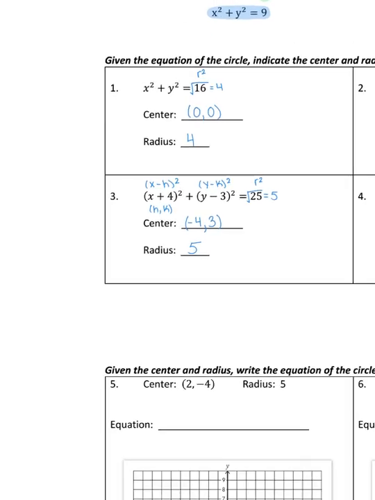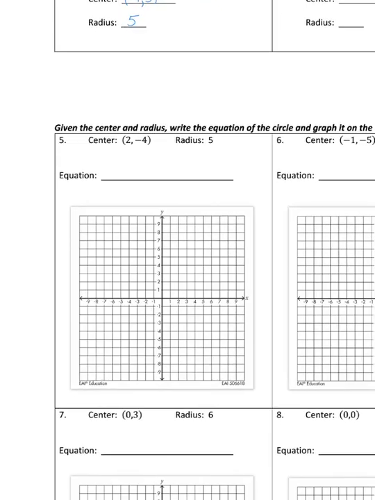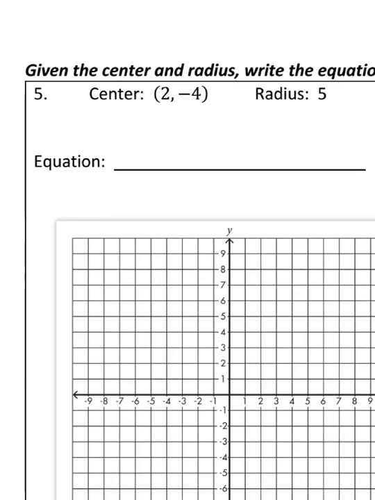Now we're going to do a slightly different type of example. Instead of being given the equation, we're going to be given the center and the radius, and we're going to have to write the equation and then graph the circle. So let's look here. In number 5, our center is (2, -4).